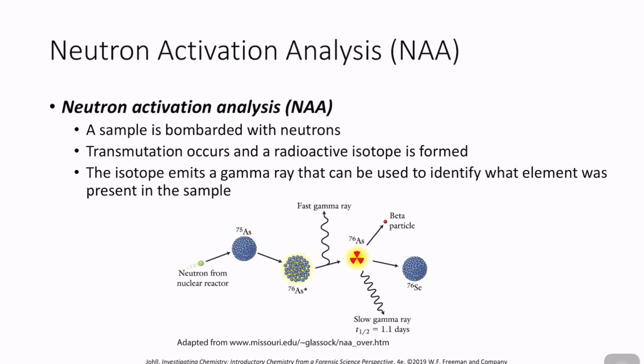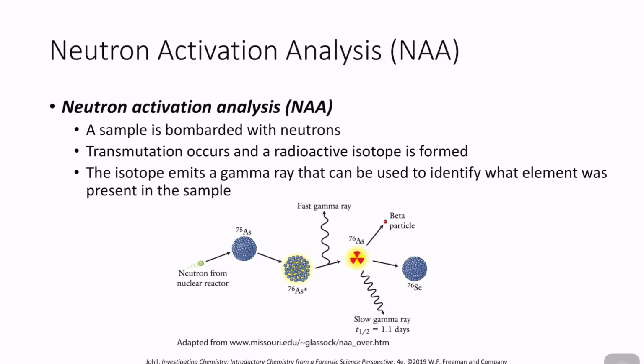So, transmutation is the process of a stable isotope being converted into a different element or isotope. And this process is used to make radioisotopes, and these radioisotopes are a lot of times used in medicine. Transmutation occurs and the radioactive isotope is formed, and then the isotope will emit a gamma ray that can be used to identify what element is present in the sample.